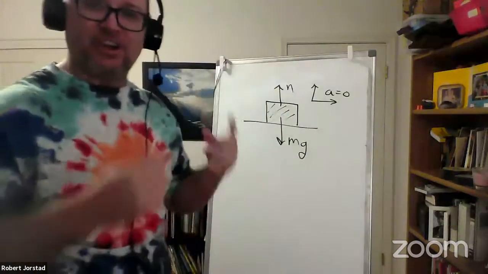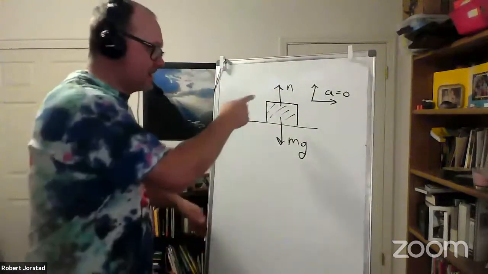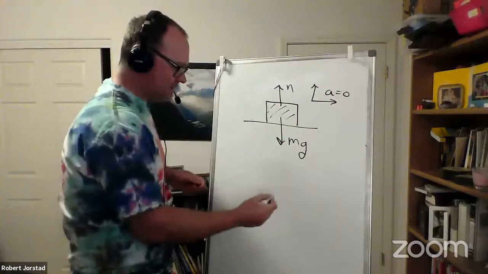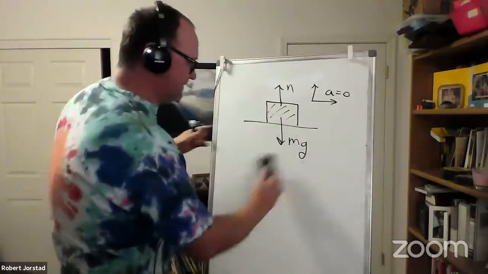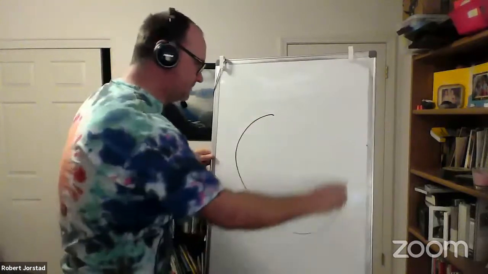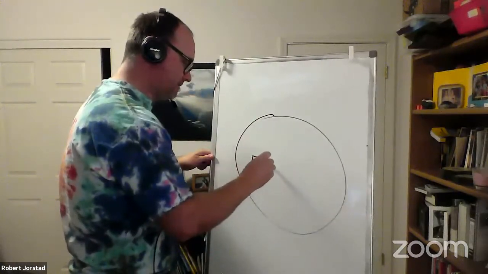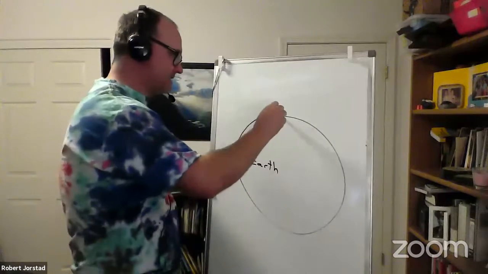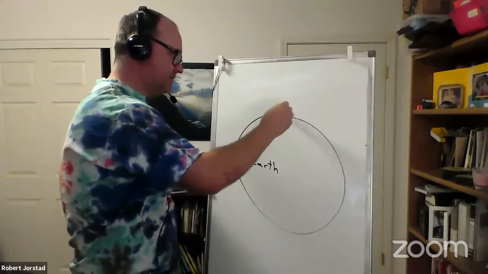Exactly. Another classic thing you could say is because they occur on different objects, you cannot see the action and the reaction on the same FBD. Think about it. Let me do a variation on this. Here's Earth, and let's say there's a box sitting right here on the Earth.